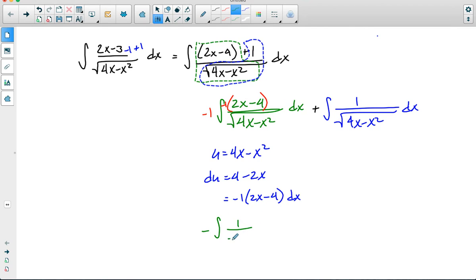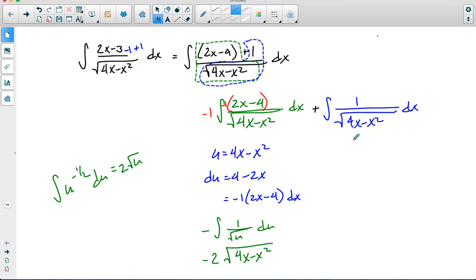So I have 1 over square root of u du, and we'll integrate that as u to the -1/2, which ends up being 2 square root of u plus c, but I'm going to ignore the plus c right now. So that this antiderivative ends up being -2 square root of u, and u was 4x minus x squared.